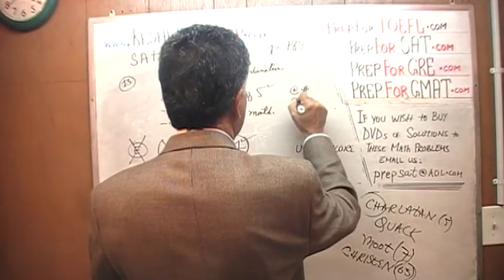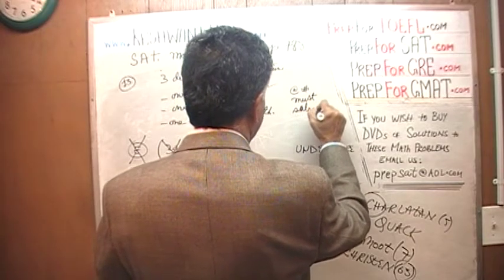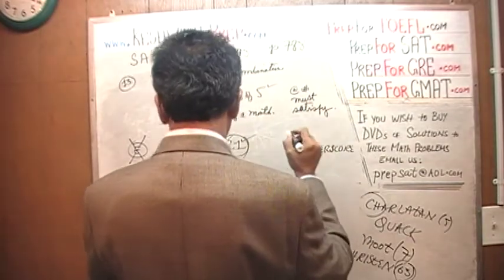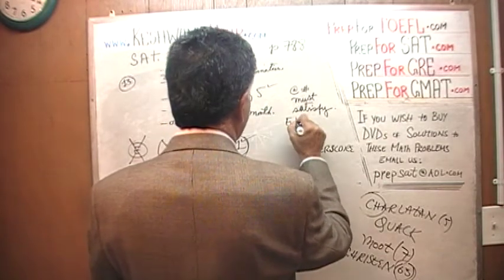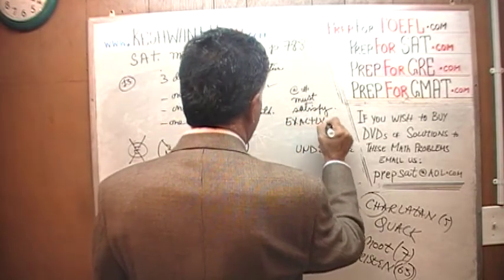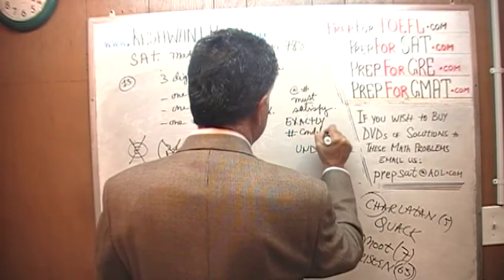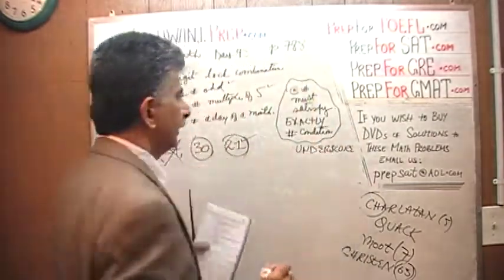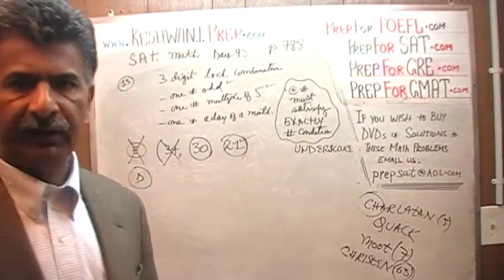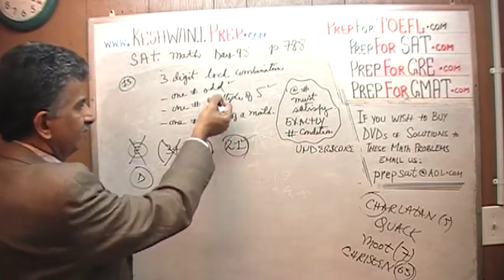Each number must satisfy exactly one condition. So we cannot use 21 as the day of the month and as the odd number.